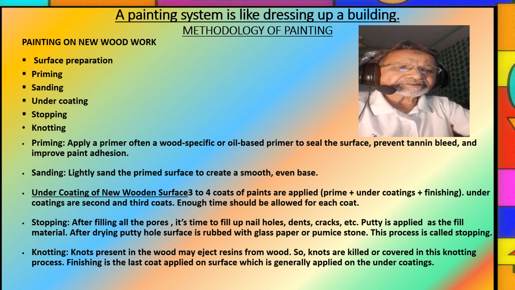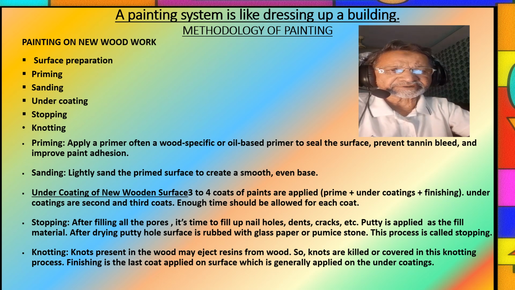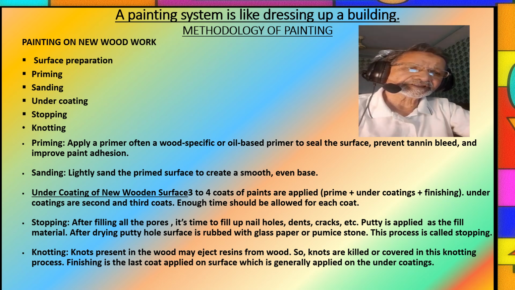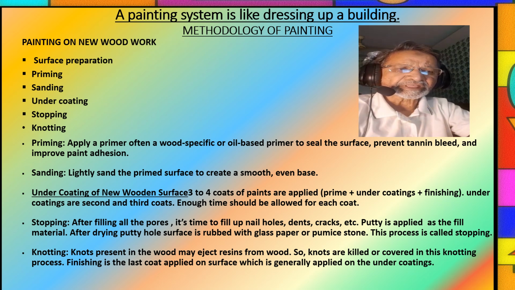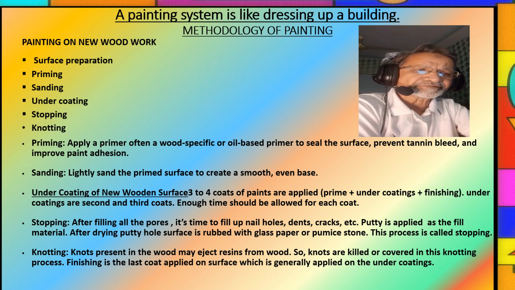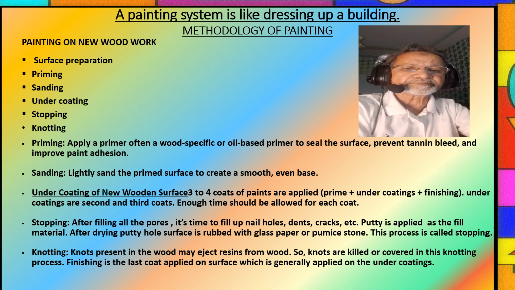Knots in wood may eject resin from the wood, so knots are either removed or covered. Final coat is to be applied. This is the 3rd or 4th coat, after the primer and undercoat, and then the final coat comes. Enough time is to be kept for each and every coat to dry properly.